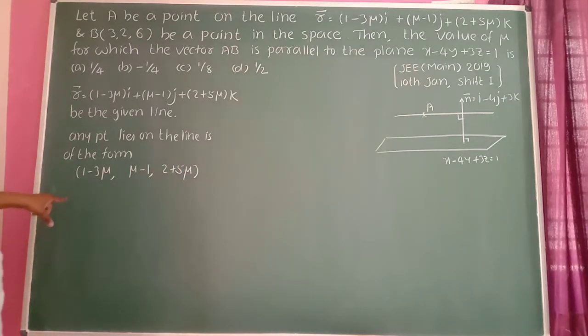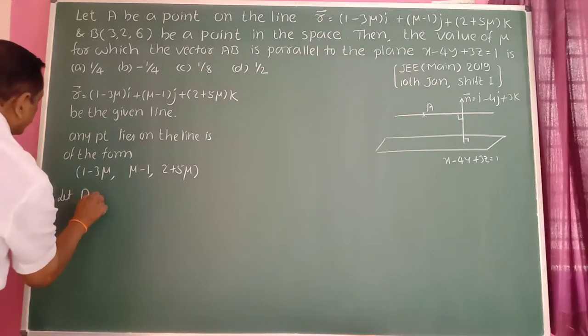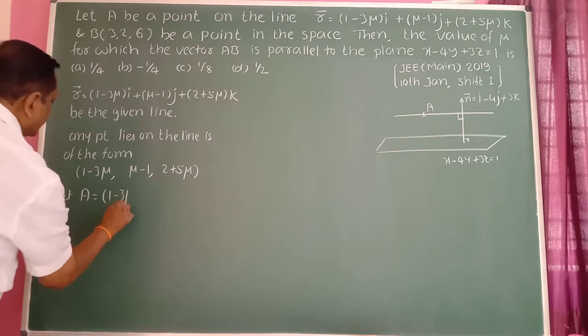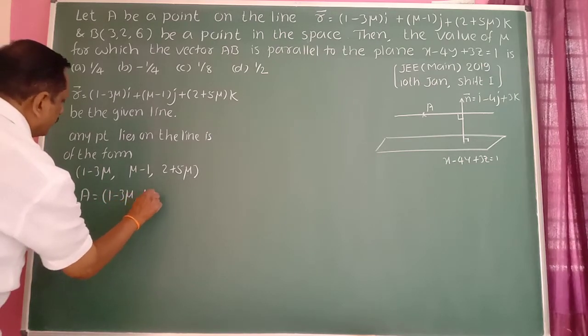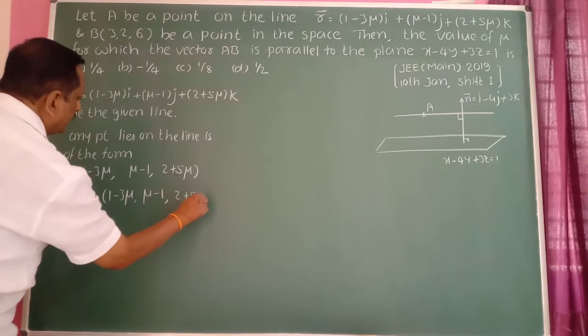Consider this part itself as A. Let A = (1 - 3μ, μ - 1, 2 + 5μ).